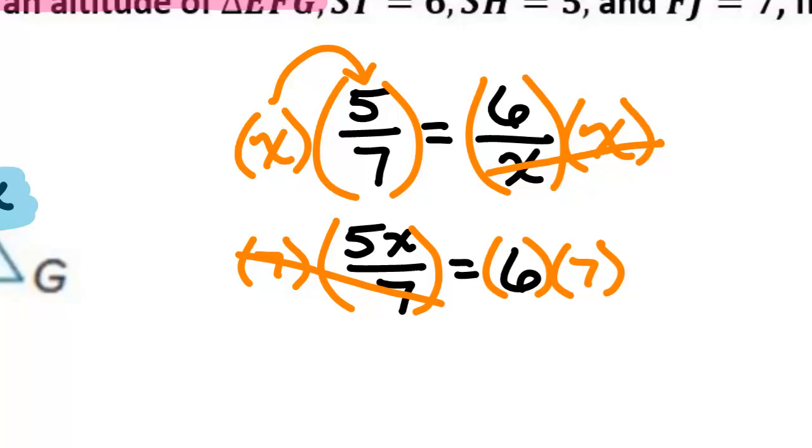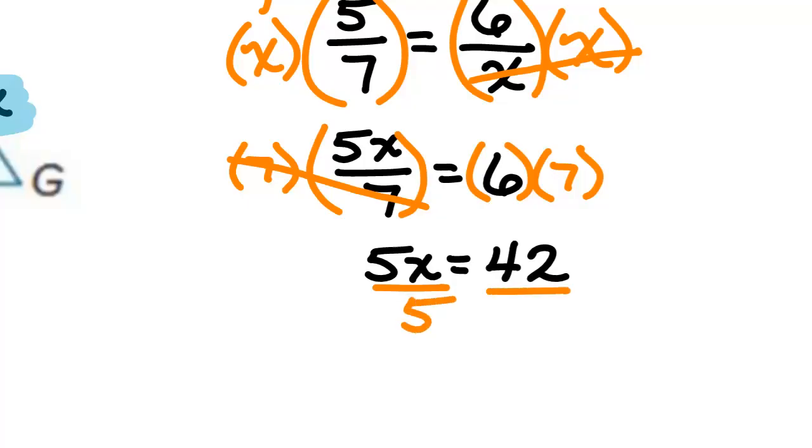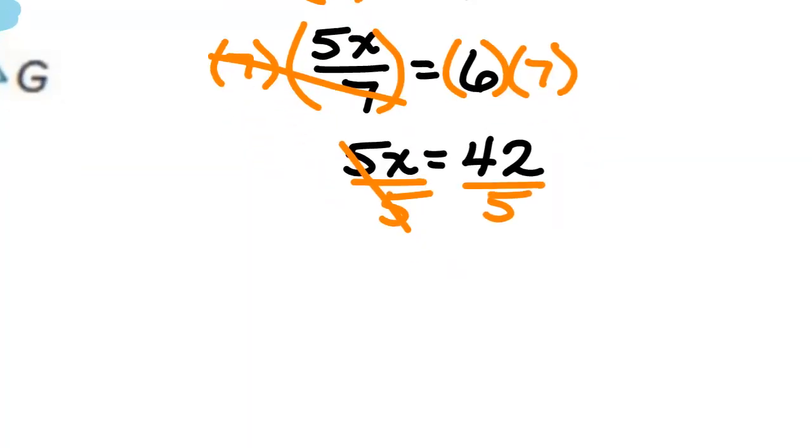Cancels the denominator on the left. So I have 5x equals, what is 6 times 7? 42. And then we divide both sides by 5. It doesn't come out to be a whole number, but it does come out to be pretty. This one is 8.4, no rounding needed. I'm only giving 1 decimal place because that's all that was showing on the calculator.